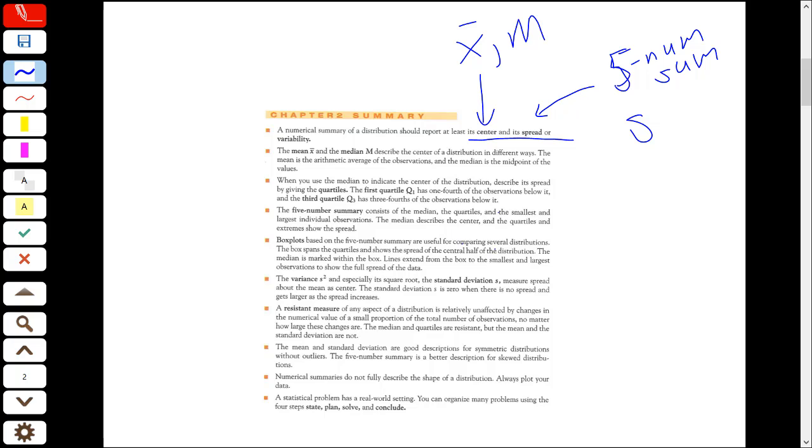We're going to figure out how to interpret the first and third quartile in the 5-number summary. We'll learn how to make a box plot, which is another graph of basically a 5-number summary. Those are pretty straightforward. We need to think about standard deviation and variance, how they're calculated and the information they tell. Remember, that's about spread. We're going to be thinking about a resistant measure and why the median is resistant and the mean is not.